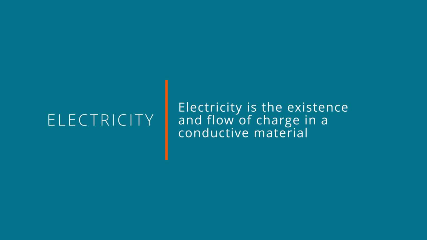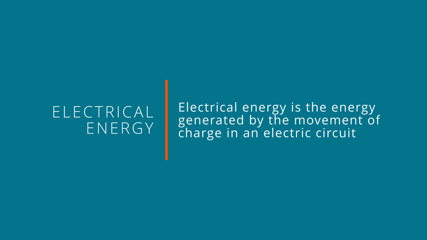We said electricity is the existence and flow of charge in a conductive material. So then electrical energy is the energy generated by the movement of charge in an electric circuit. In other words, that movement of charge in that electric circuit results in the generation of electrical energy.